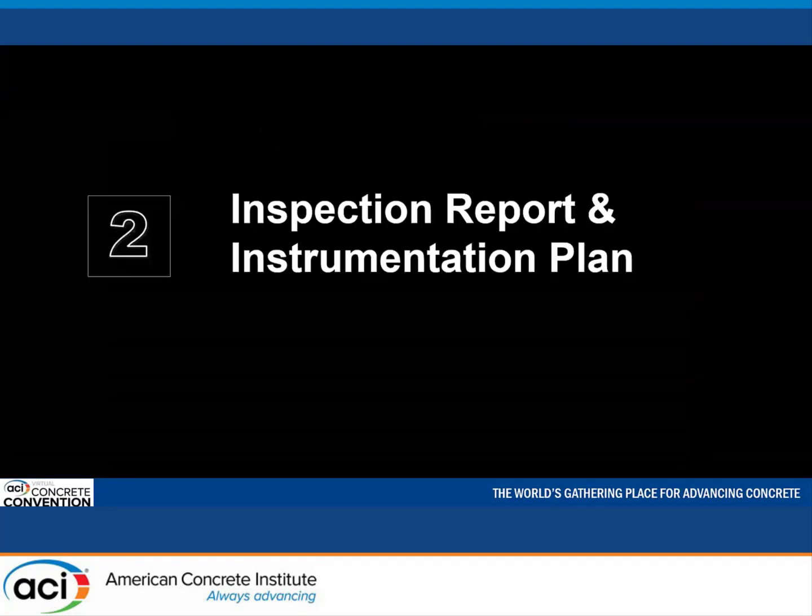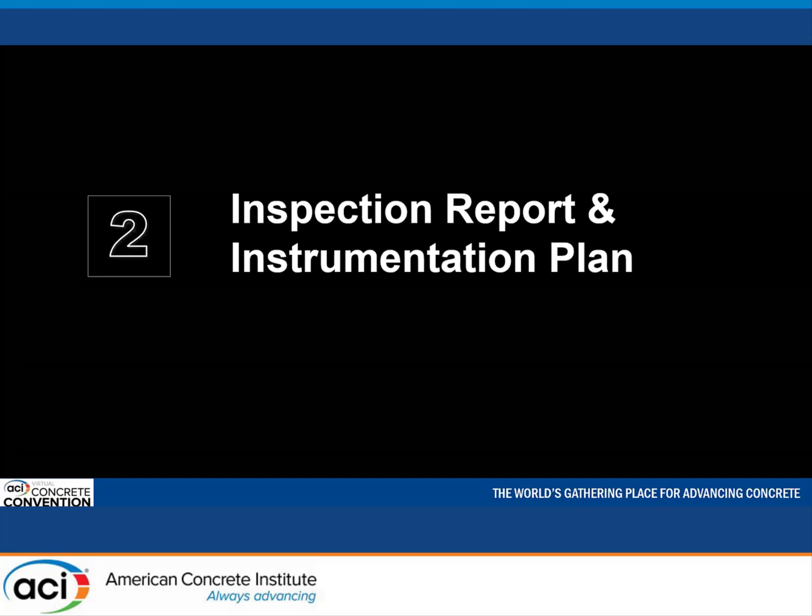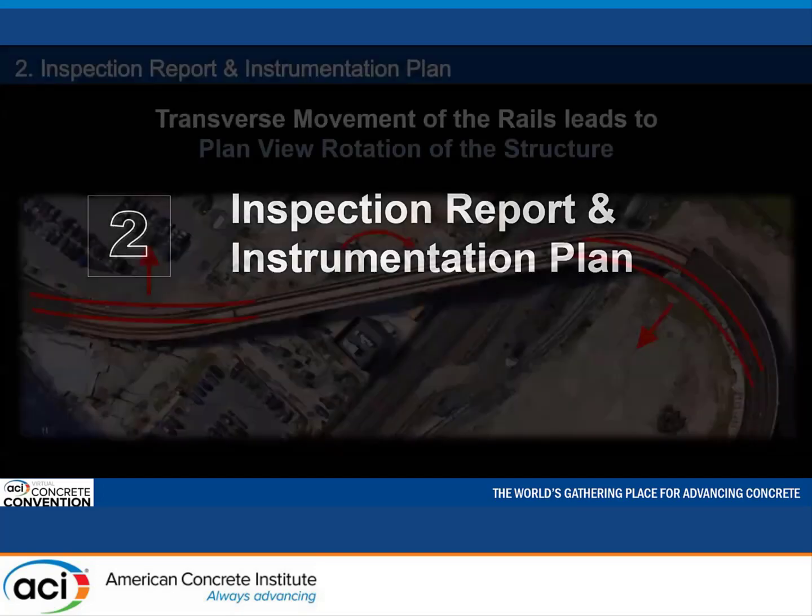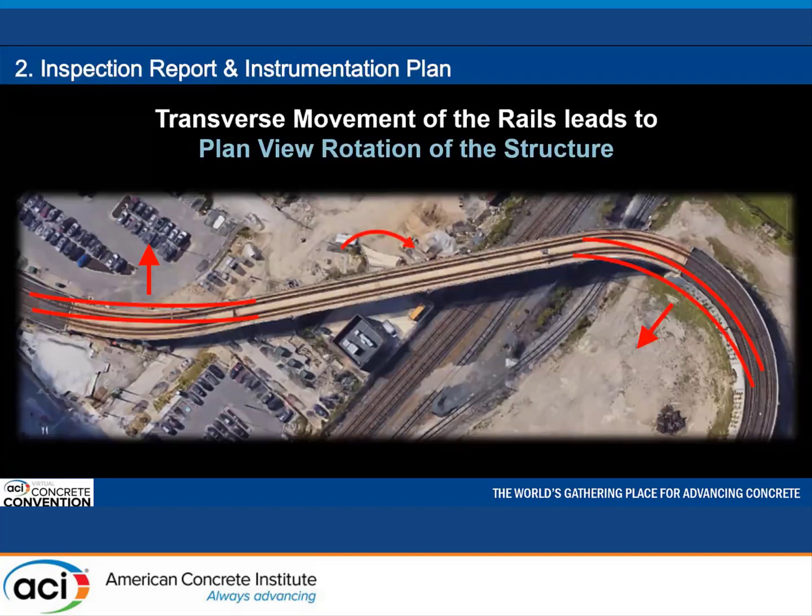So now that we know some of the basic characteristics of the structure, we'll walk you through the signs of distress that caused us to target RSI as the likely cause. And we'll also talk about how we designed the instrumentation plan to capture the data needed for the calibration study. Let's look at the effect that rail structure interaction has on the bridge.